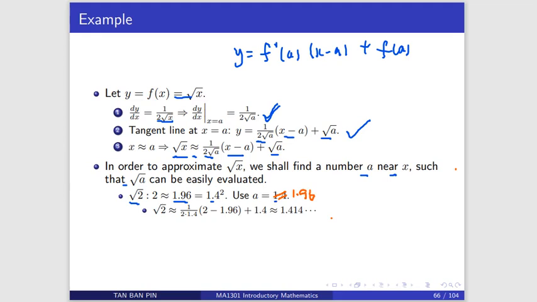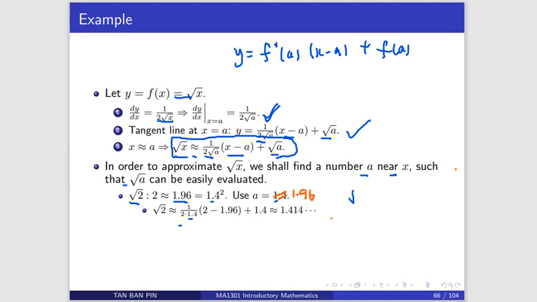There's a typo in the notes. So with that, you just sub a as 1.96 into the equation of tangent line here. So that's why it's 2 times square root of a, which is 1.4.